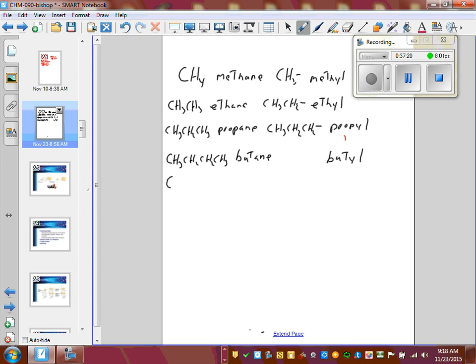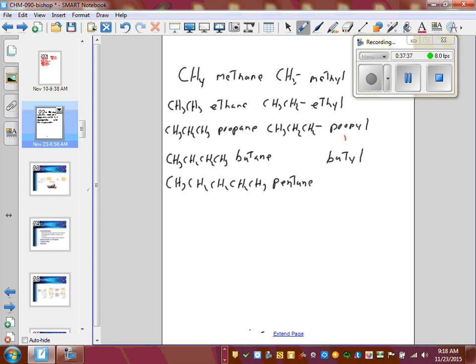CH3CH2CH2CH2CH3, five carbons, is pentane, and that'll be pentyl.